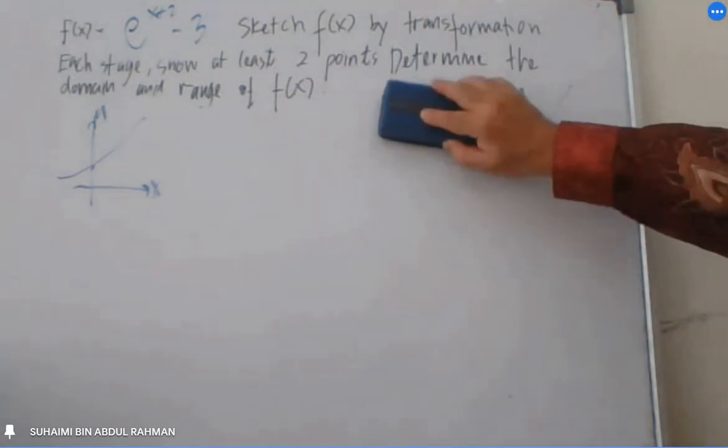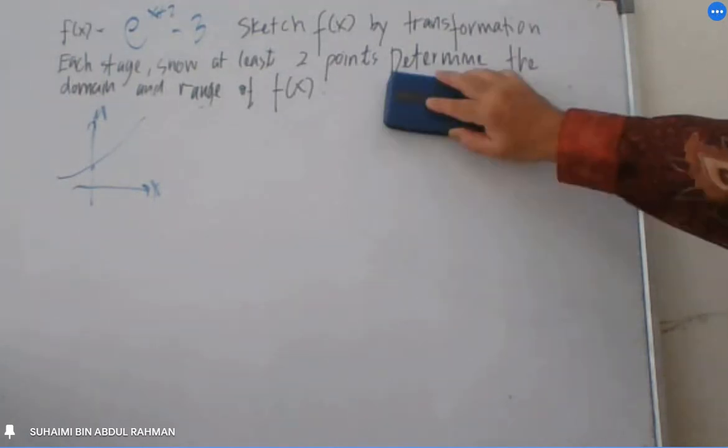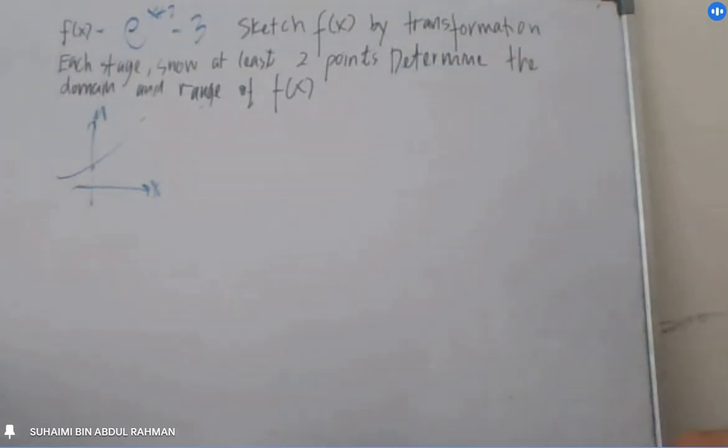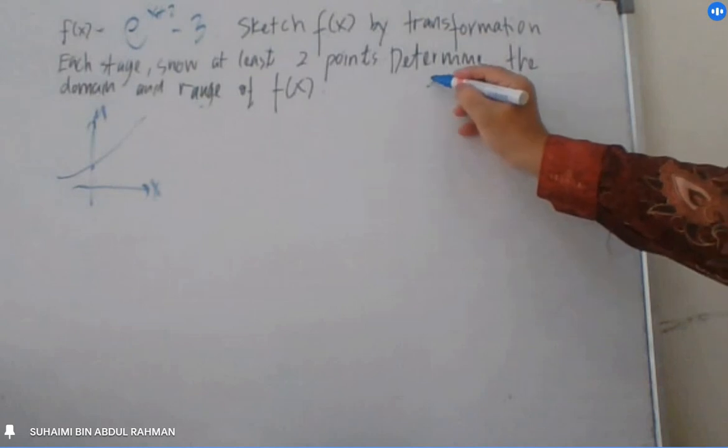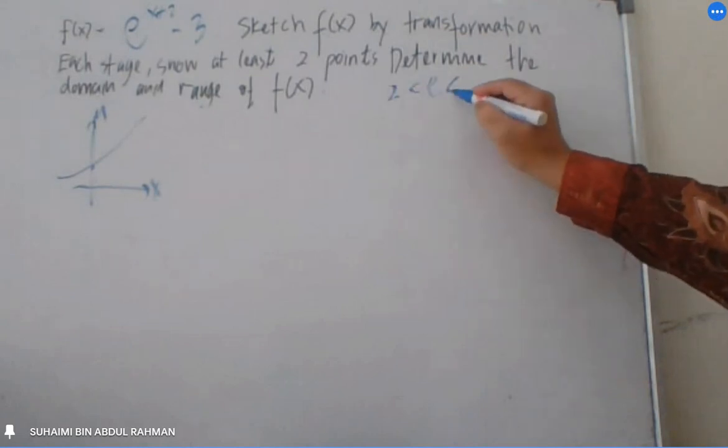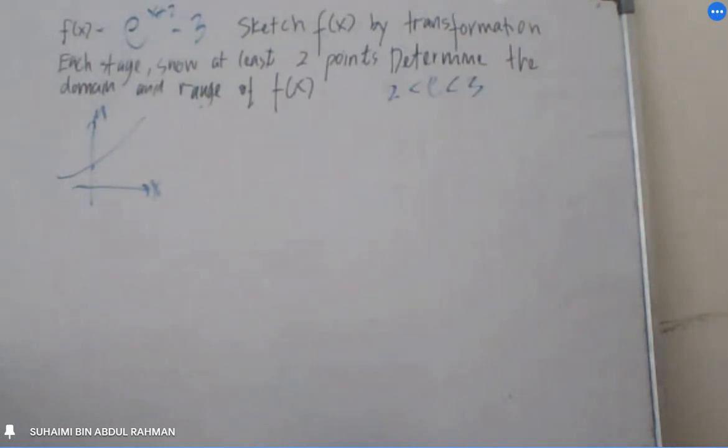Because e is more than one. As I said before, e has a value between 2 and 3. You can see from your books the value of e is approximately 2.718. Or maybe you get e when you study physics.